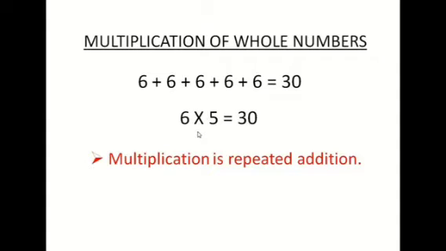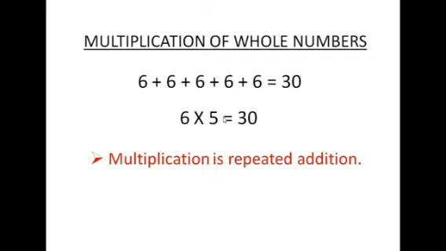Okay. Now this 6, 5 and 30 have specific names because we are using the process of multiplication. The number to be multiplied is called the multiplicand. The number to be multiplied here is 6, so 6 is called the multiplicand. And the number by which we multiply is called the multiplier.